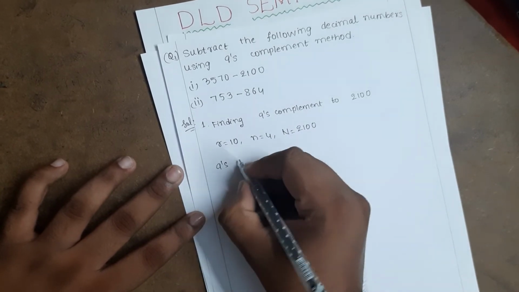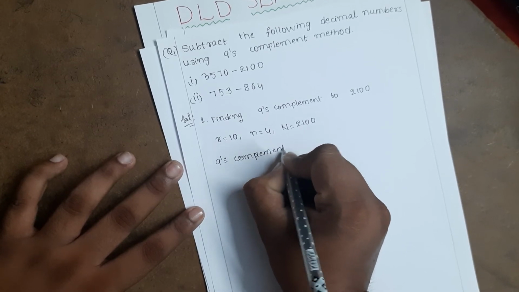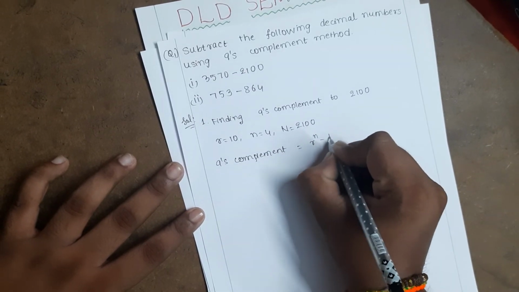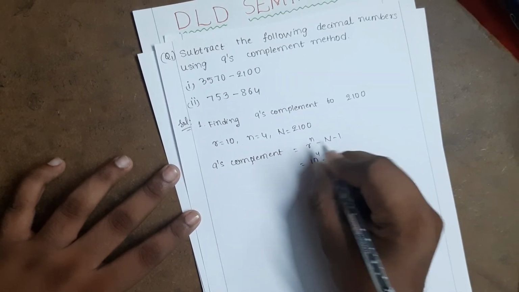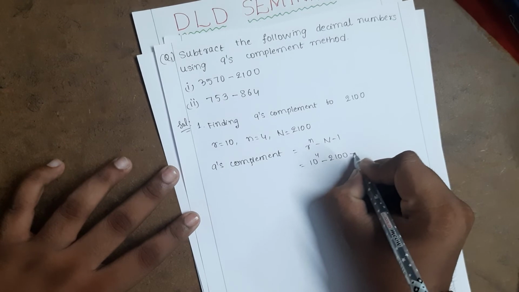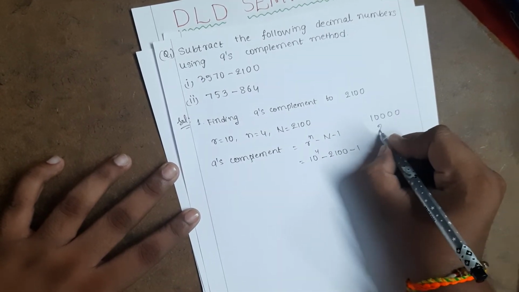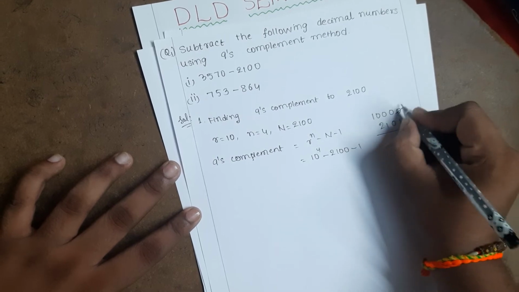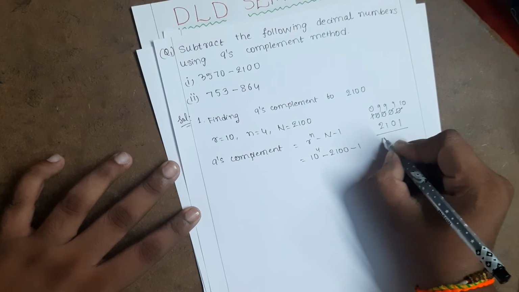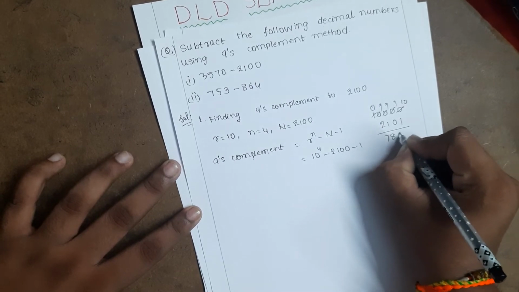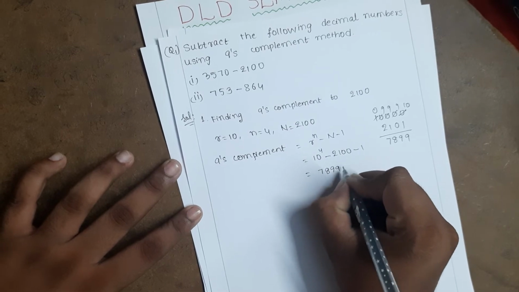The 9's complement is equal to r power n minus capital N minus 1, equal to 10 power 4 minus 2100 minus 1, 10000 minus 2101. So we got the answer 7899.